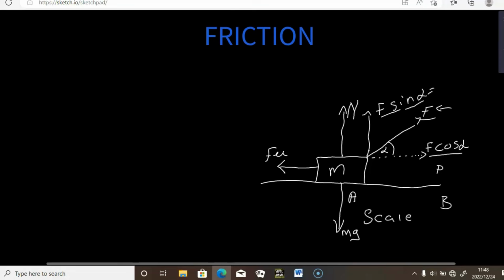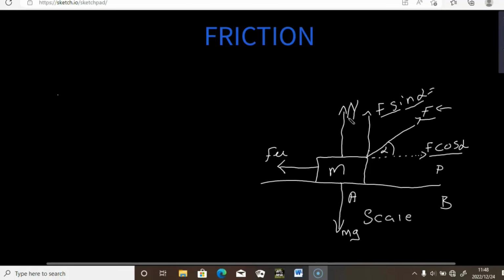So now let's look at equations. This force, you are no longer using it because from it we already got what we wanted. We got the horizontal and the vertical component. So we are going to use the components now.